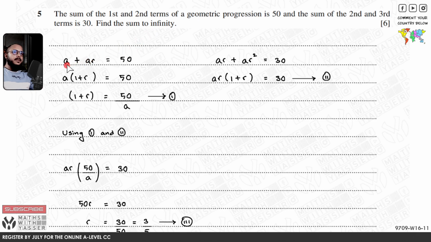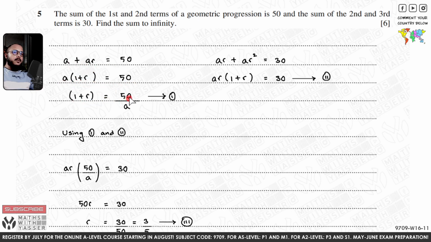According to the question, the sum of the first and second term means a plus ar, this is the first term and this is the second term, is equal to 50. And the second and third term, when you sum them, you get 30. Let's simplify this. We can take a common and it will be a times (1 plus r) equals 50.